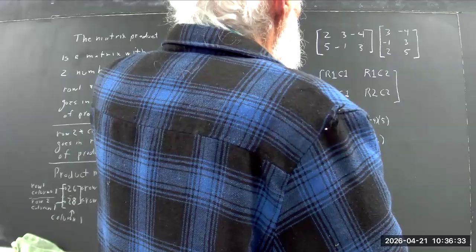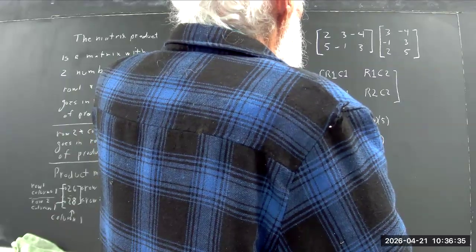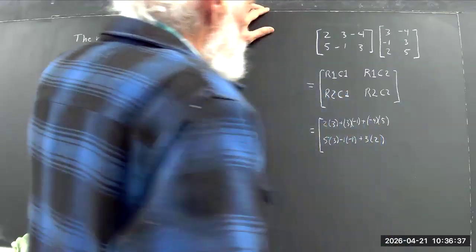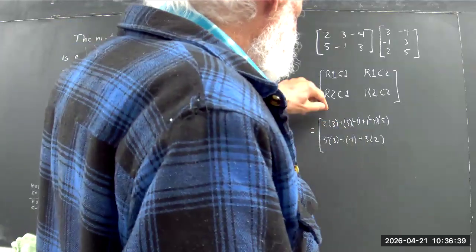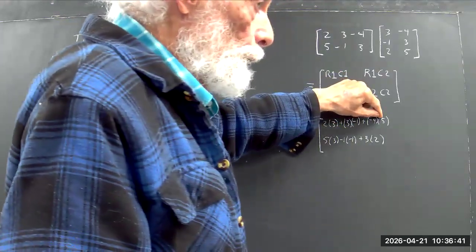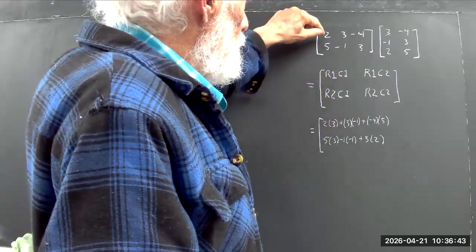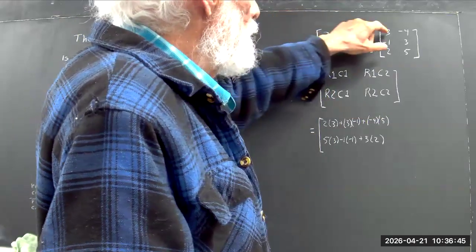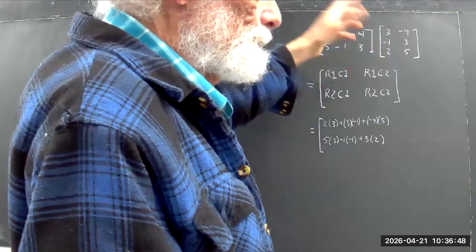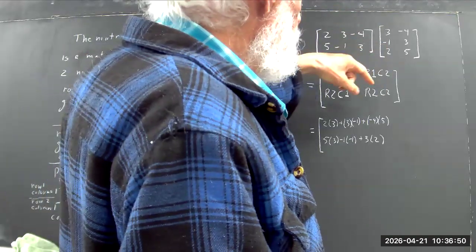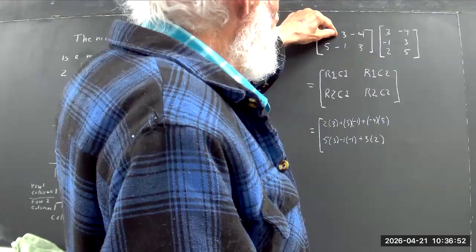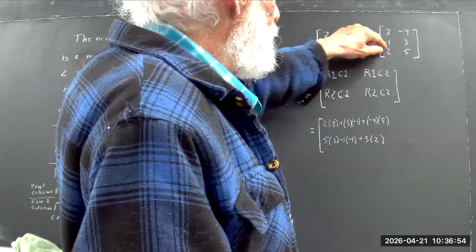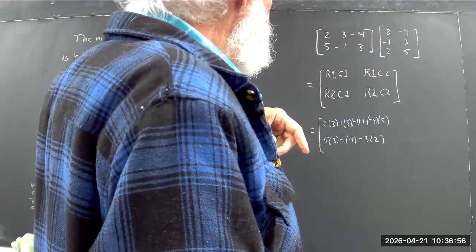Uh-oh. I got to watch my eyes. The first row, first column, we have 2 times 3. First number in the first row, first number in the first column. And 3 times -1, that's good.